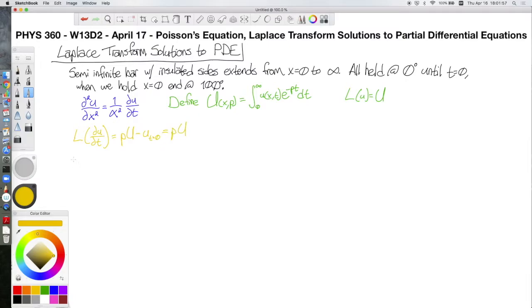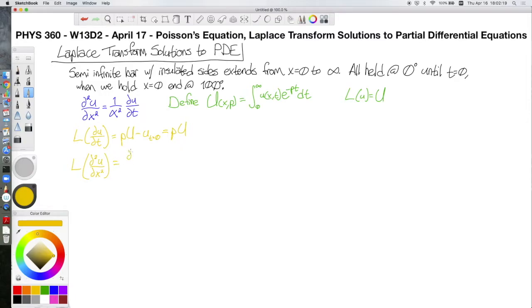And the temperature in the entire bar is 0 at t equals 0, so this just becomes p times big U. Then we also need to take the Laplace transform of the double partial derivative of u with respect to x. The Laplace transform has to do with t's and p's, so this partial derivative with respect to x is really kind of like a constant, and we can pull it out front.